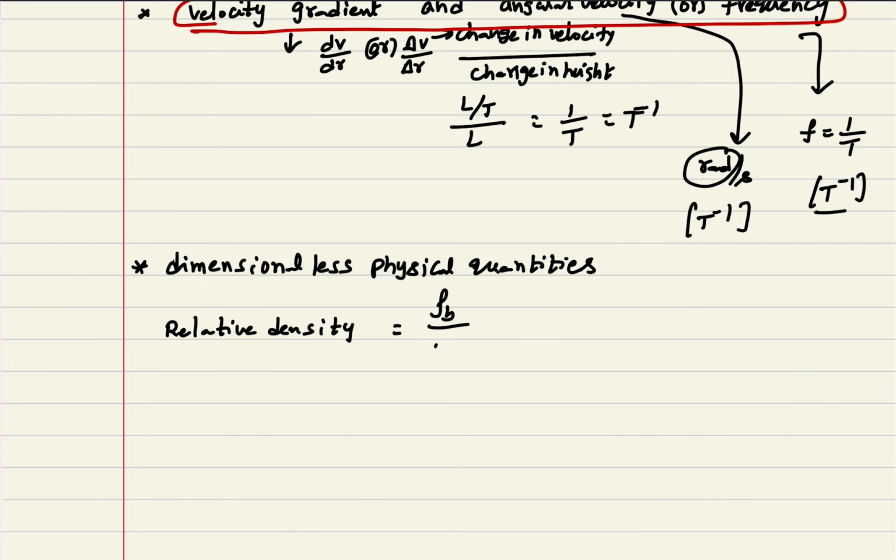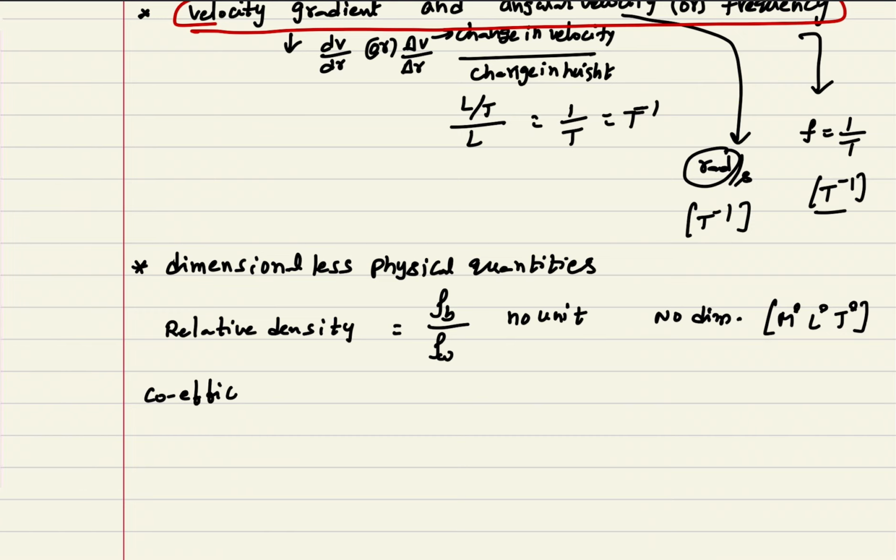Relative density is nothing but density of the body by density of water at 4 degrees Celsius. So it is no unit, no dimension, nothing but M power 0, L power 0, T power 0.